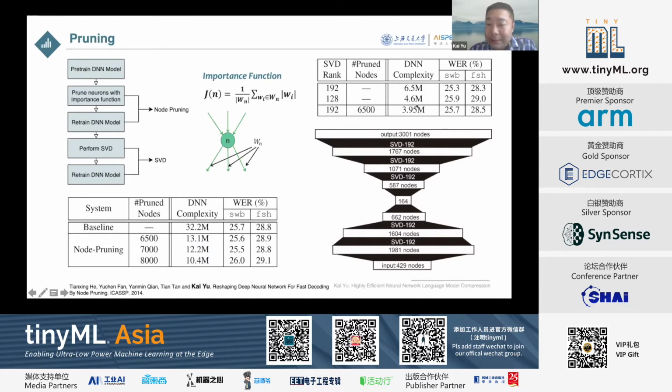From this figure, we can see if we do node pruning, we can almost get half of the size reduced without degradation on word error rate, basically meaning speech recognition error. So it's about half. That is the compression ratio, about 2.